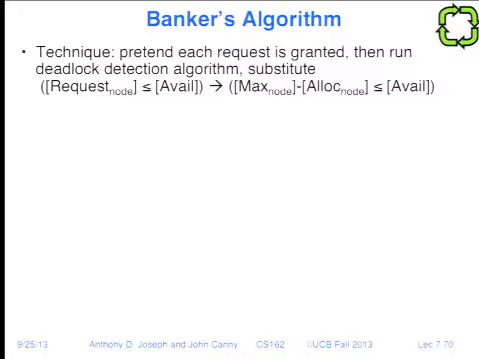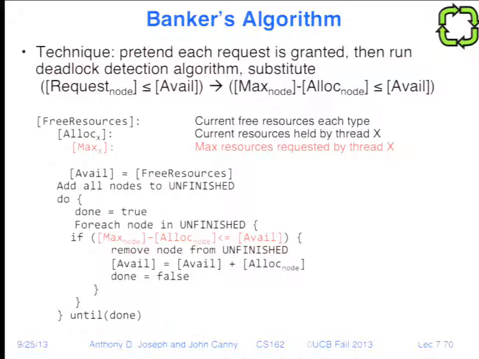All right, so before you grant the request to the thread, you pretend that it's been granted, and then run the deadlock algorithm on the resulting request graph. This is a sort of transformation we did to the previous code, but here's the routine by itself.